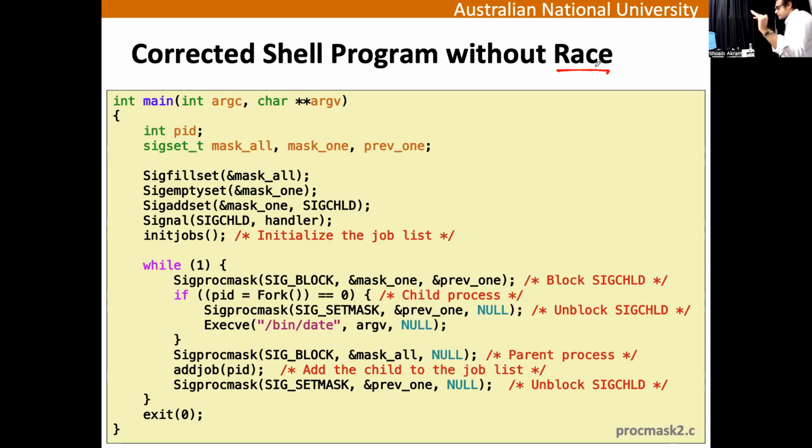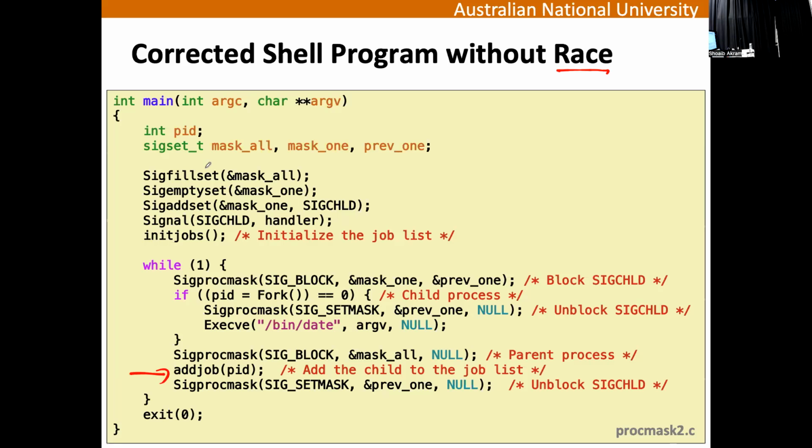There will be formal definitions of synchronization, races, and all that, but we can already see these problems in our programs. So here there's a race between add job and delete job. Either could run first. They are racing to run one before the other.